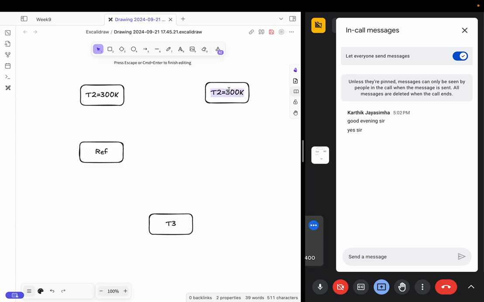Similarly, there is a source. This is for the heat engine. The source temperature is 600 Kelvin. You have a heat engine. So there is a heat interaction from source to the heat engine, and the heat engine will reject heat to the sink. Similarly, you will take heat from your refrigerated space, and then you will reject it to the same sink.